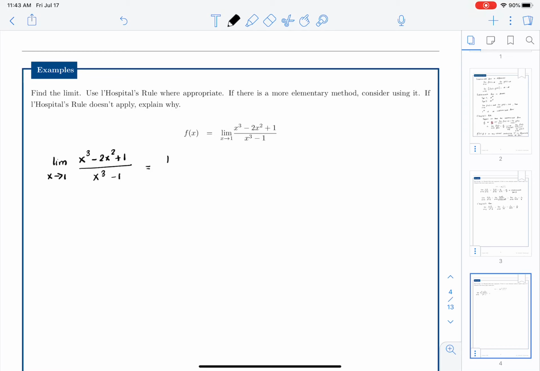When we apply the limit, we have 1 cubed minus 2 times 1 squared plus 1 divided by 1 cubed minus 1. 1 minus 2 plus 1 divided by 1 minus 1. 2 minus 2 divided by 1 minus 1. We have 0 over 0, and that is an indeterminate form.